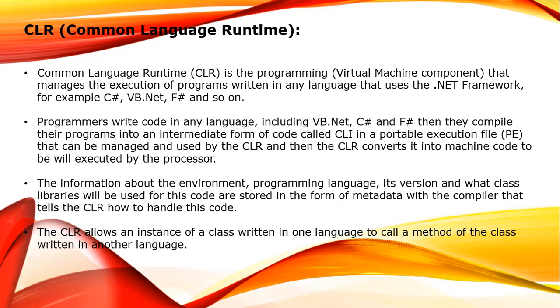So basically CLR deals with your compiler and the code that you have already compiled, that executable file. The CLR allows an instance of a class written in one language to call a method of a class written in another language. So it is used for cross-language functioning.